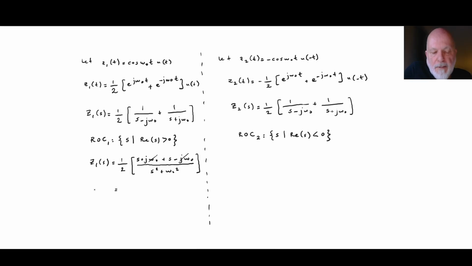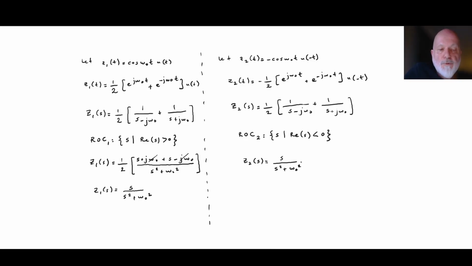So we have z1 of s is s divided by s square plus omega 0 square. And z2 of s is similarly s over s square plus omega 0 square.